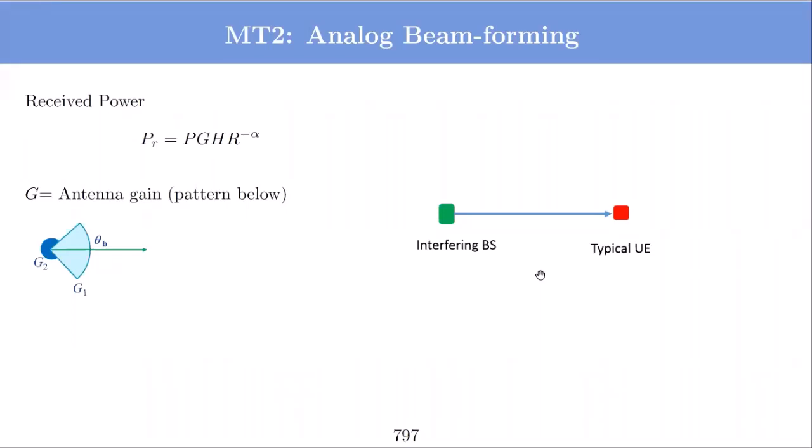In analog beamforming, you can think of it like a lens. Think about a light ray coming, and there is a lens in front of it. By steering the lens in different directions, you can focus the beams into different directions.